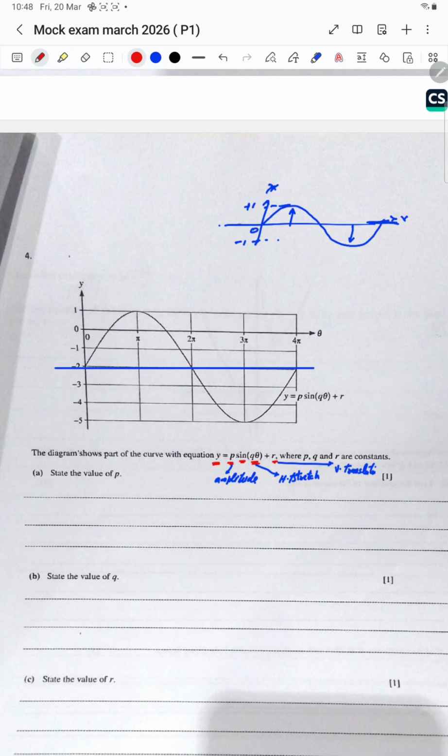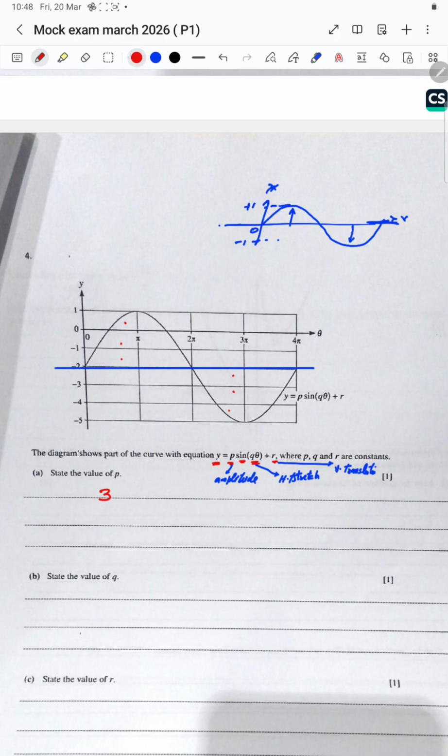Now it's very much clear. Counting the points, 1 2 3, 1 2 3, this is the amplitude. Amplitude is defined as the distance from the mean to any extreme position, the maximum distance, which here is 3. So p stands for 3, in one go, 1 mark.